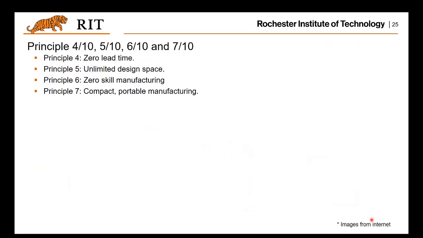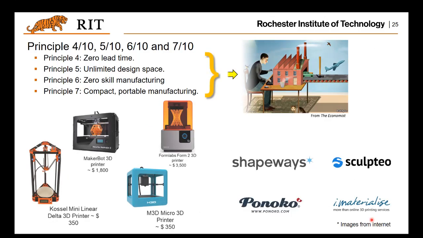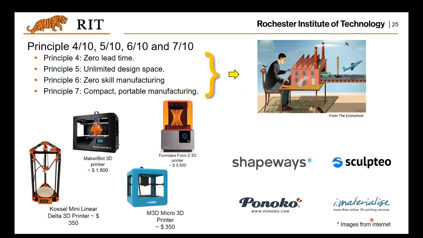For principles 4, 5, 6, 7, let's put them together. Basically, it talks about some of the preparation and pre-processing before the manufacturing. You will have a better integrated manufacturing process using 3D printing without those tedious and difficult preparation and post-processing.